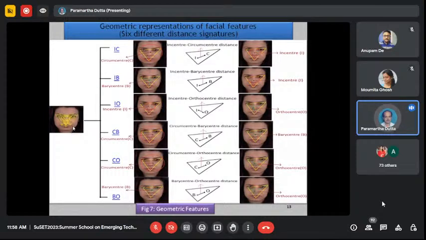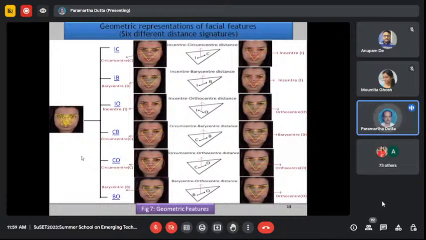Given the same face image, a specific triangle drawn by considering 3 specific landmark points, we will have 6 different distances. How many such 6-distance sets will there be? 1771. This is in relation to a specific face.